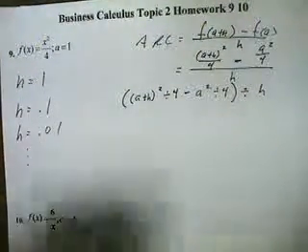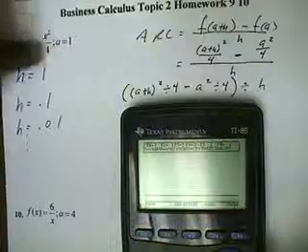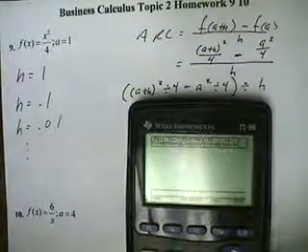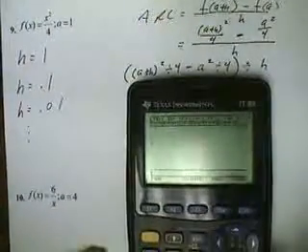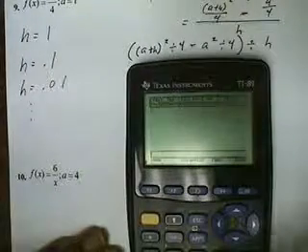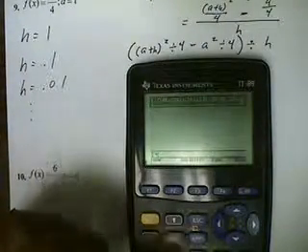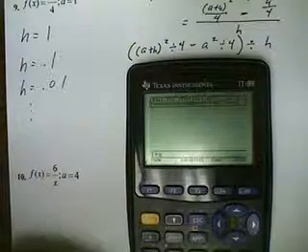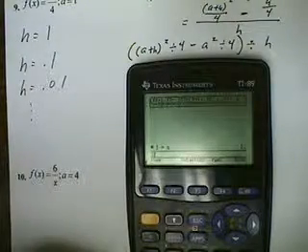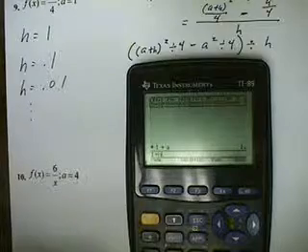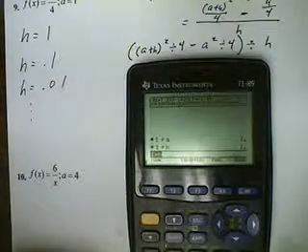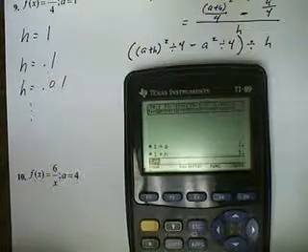First let's establish on our calculators that a is 1 and h is 1. So 1 store alpha a, enter. Then 1 store alpha h, enter. Now we'll type everything in.